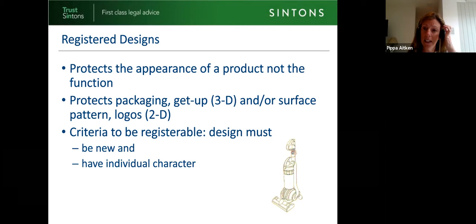Now, this is slightly different to patents, which I'll come on to in a bit, but the Intellectual Property Office actually gives you a priority period of 12 months in which to file your design. So you can go to an exhibition or a show and showcase your design, and you have a period of 12 months from the date it was disclosed to the public to the date of filing your design. It also must have individual character.